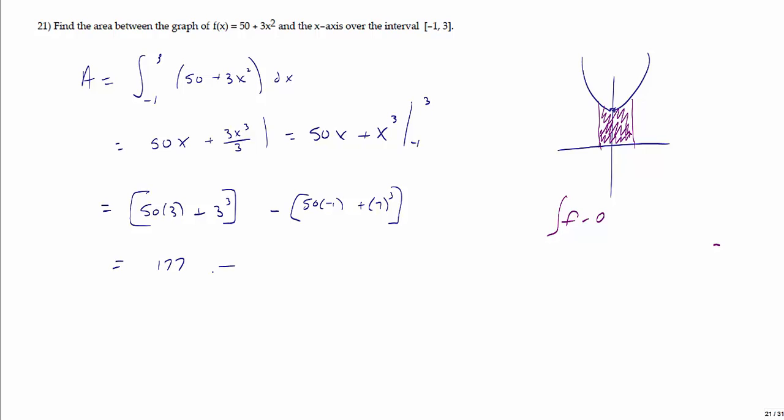Again, if I plug that into my calculator, crunch the numbers, -51. Okay, so I have 177 minus a -51, so 177 plus 51 will give us 228. So the area bounded by the curve, the x-axis between -1 and 3 will be 228 square units.